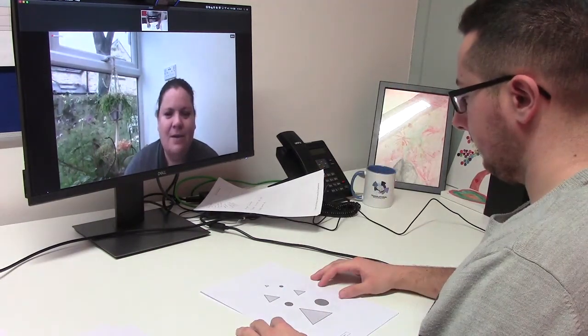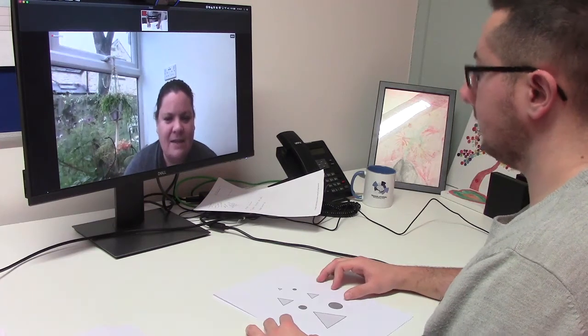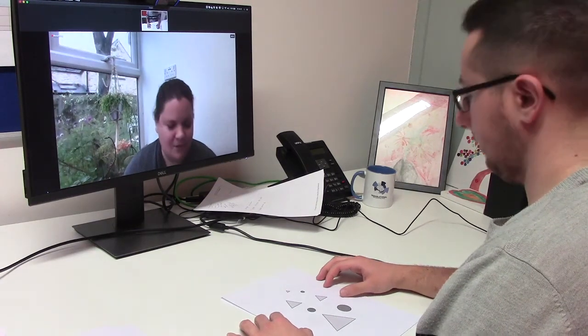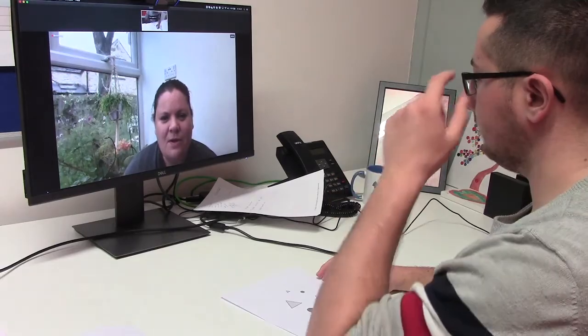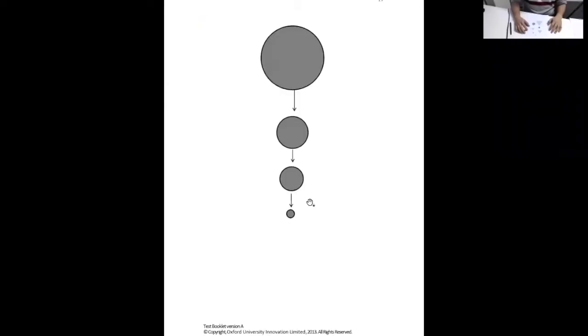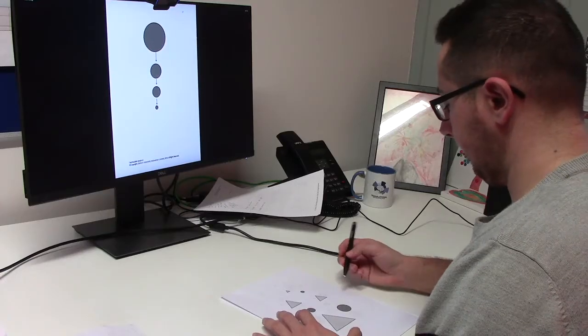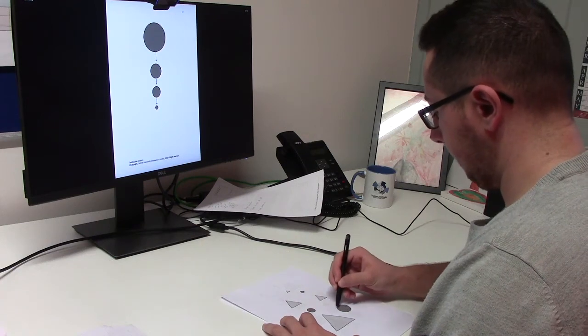Perfect. So the task here is to connect the circles first. So I'll show you what I mean by sharing my screen. So it's basically, you just have to connect the circles from the largest one to the smallest one. So if you take your pen and just have a go, so ignoring the triangles, connect the circles from the largest one to the smallest one.